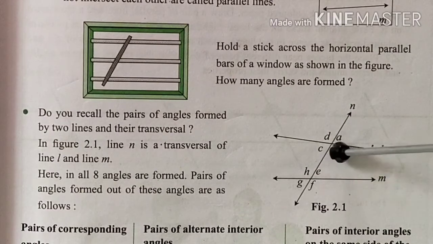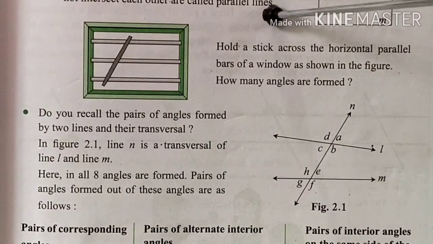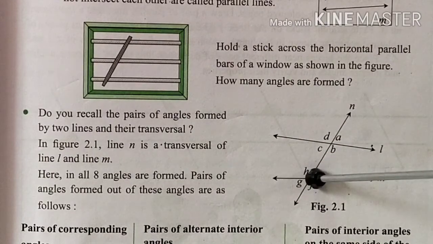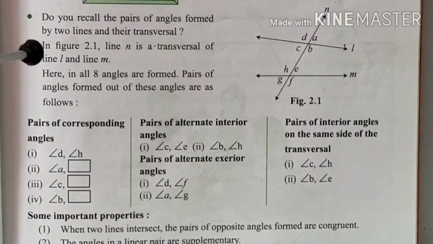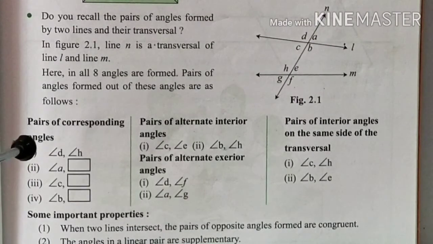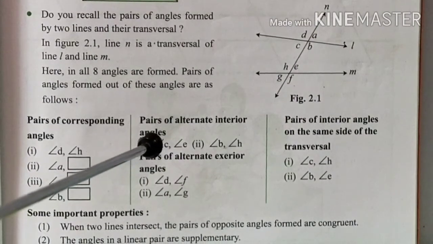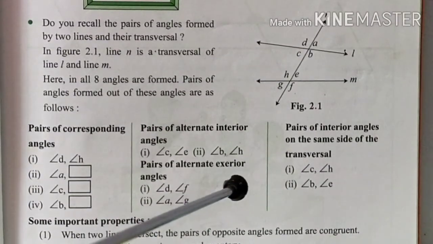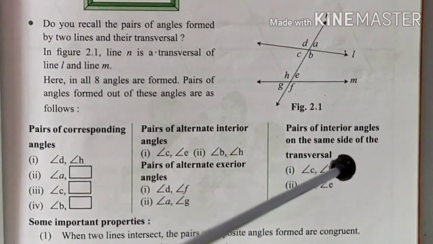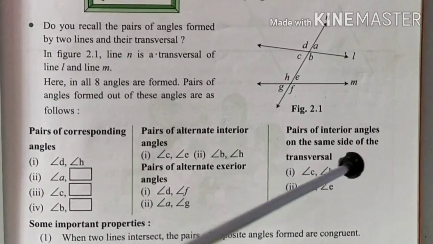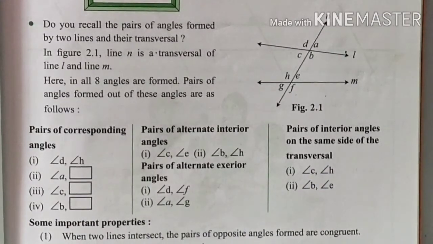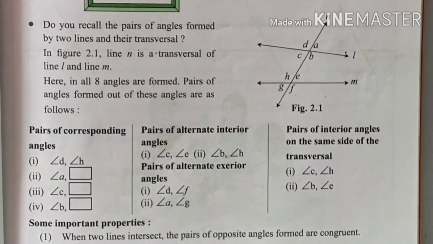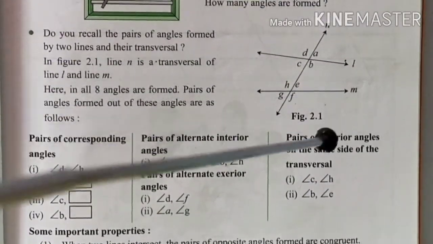And here we have pairs of these angles, and we name these pairs as pair of corresponding angles, pair of alternate interior angles, pair of alternate exterior angles, and pair of interior angles on the same side of the transversal. So these are the names of the pairs of angles formed by the transversal.